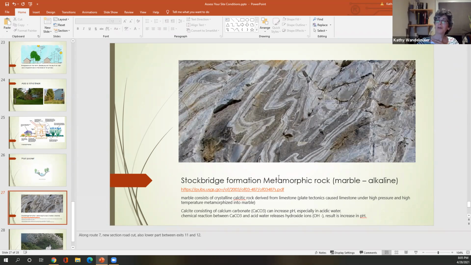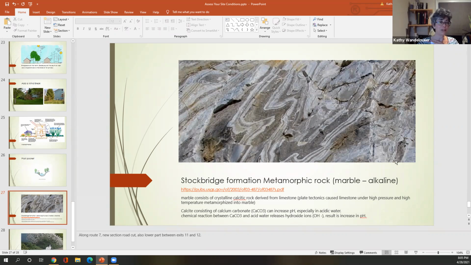This term comes from the USGS, the United States Geologic Survey. They have come up with categories and names for all the different soil profiles that they've identified. And the entire state of Connecticut has been mapped as to what soil profile and soil type.